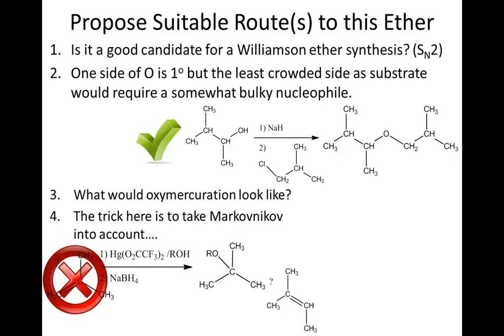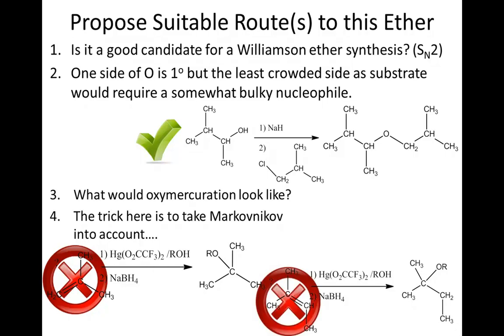It's going to be the tertiary carbon, right? So is that the product that you want? No, that's not going to give you the product that you want, so that's not okay. So we have one other possibility, which is to put the double bond here and ask ourselves that question. And so this is secondary, this is primary, so the oxygen would go to this carbon, and that is okay.